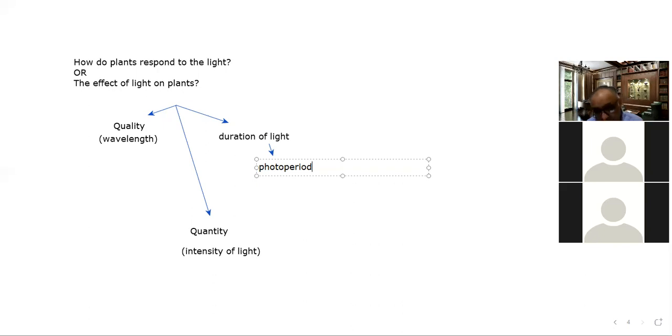In the terrestrial environment, the quality of light does not change much. But in aquatic ecosystems, the water on the surface absorbs the blue and red radiation. That is why the quality of light matters more in aquatic ecosystems.